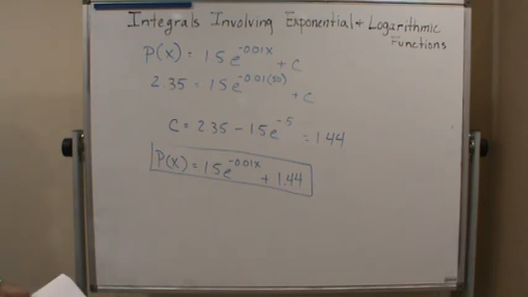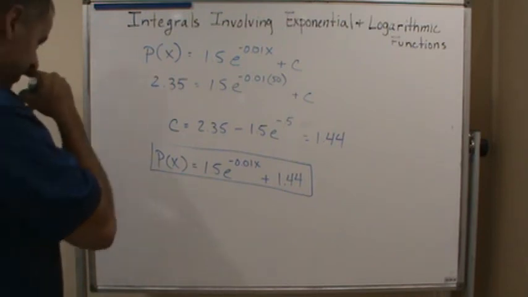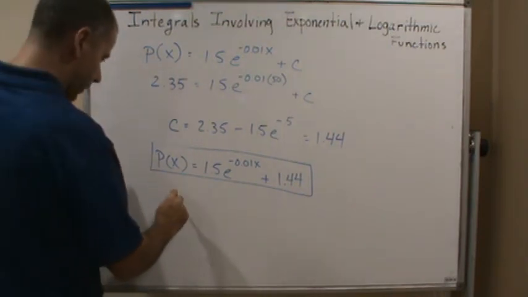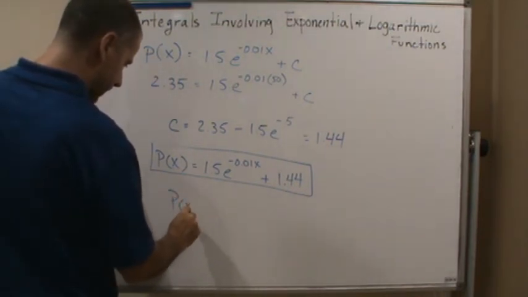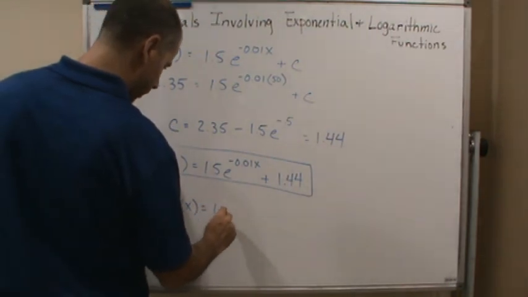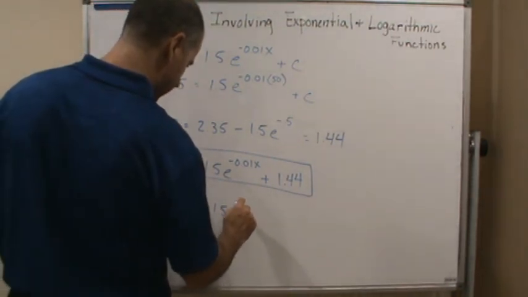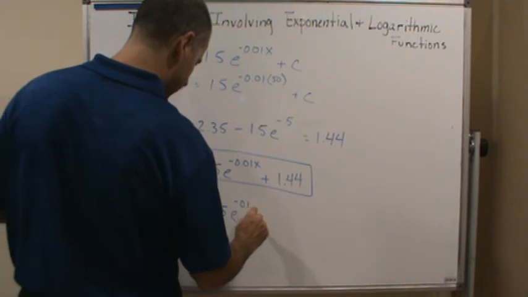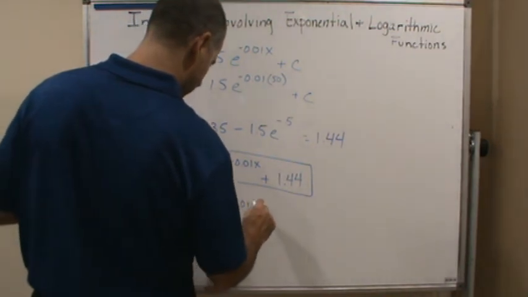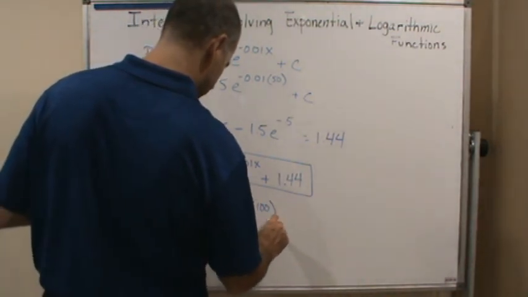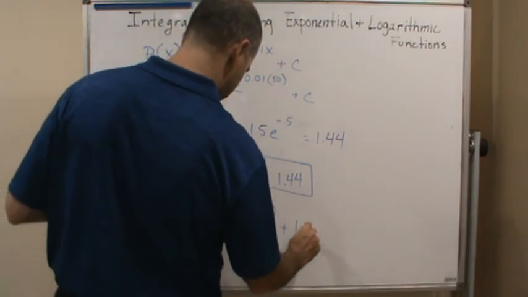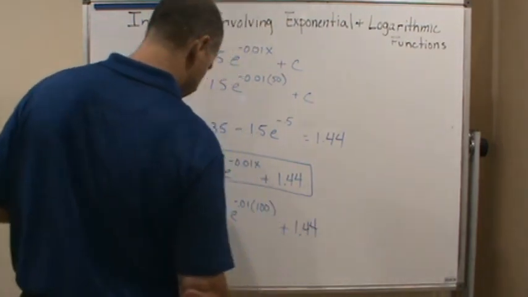But if they're looking at their research and their demand curve and they ask, if we do want to sell 100 tubes, what price should we set it at? Well, let's find out. P of x equals 1.5 e to the negative 0.01 times 100, plus 1.44.